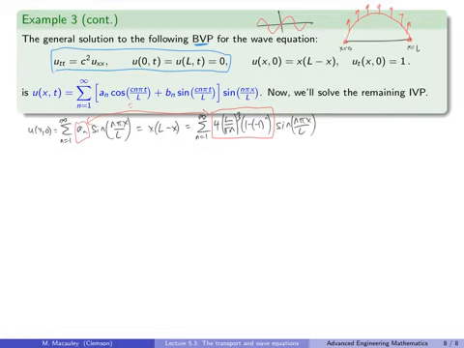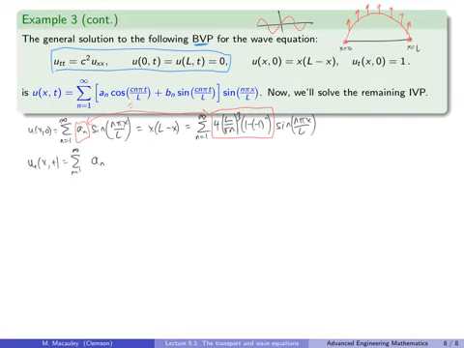Okay, next we need to use this initial condition. To do that, we take the time derivative and then plug in t equals 0. So let's first compute the time derivative. We might be able to do this all at once, but it's easy to make a mistake. So u_t of x and t: let's take the derivative of this guy with respect to t. That's the sum from n equals 1 to infinity of, okay, how do we want to arrange these coefficients?